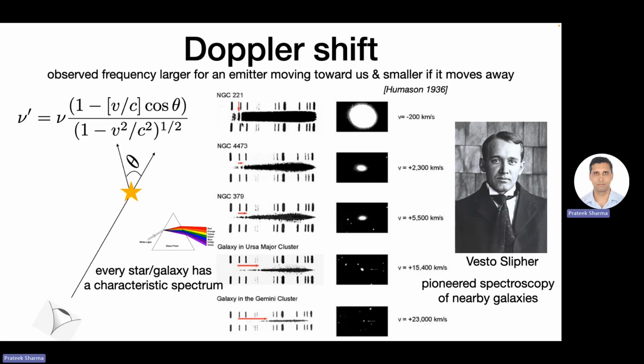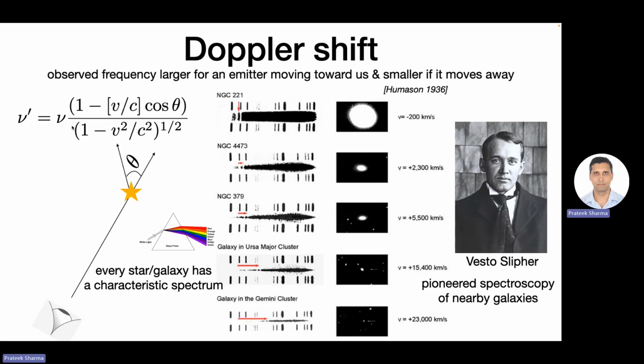The interesting thing to note is, there's a trend in velocities here, right? So minus 200 is coming towards us, and there's a progressive increase in the recession velocity in this sequence. Okay, and this recession velocity is measured by this shift in the wavelength, right?